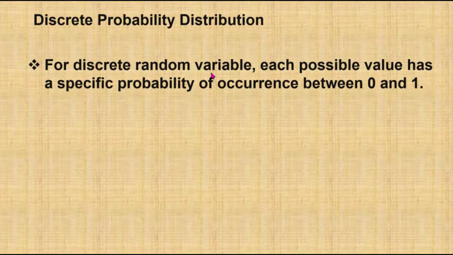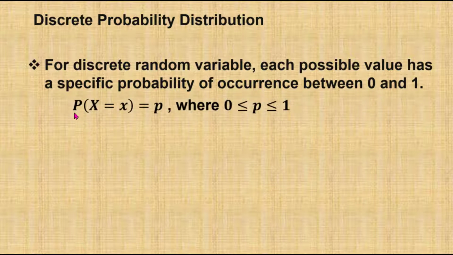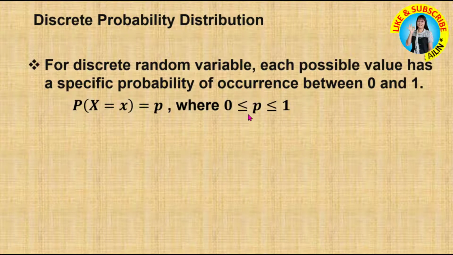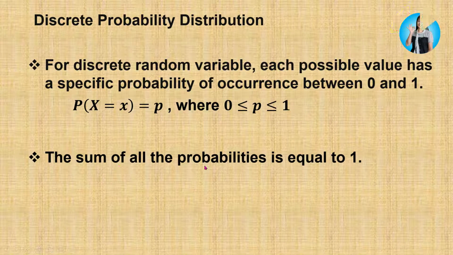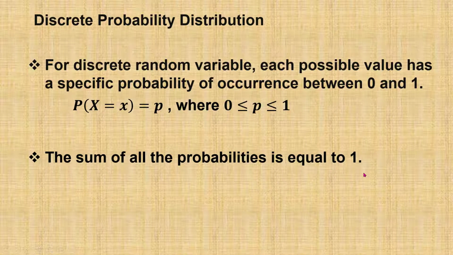For a discrete random variable, each possible value has a specific probability between 0 and 1. Under mathematical symbol, it is P of X equals x equals P, where P is between 0 and 1. P represents the probability, capital X is the random variable, and small letter x is the value of the random variable. The sum of all the probabilities is equal to 1.